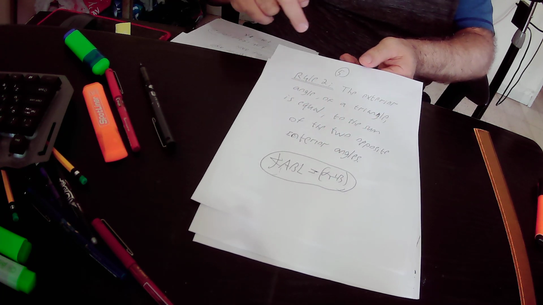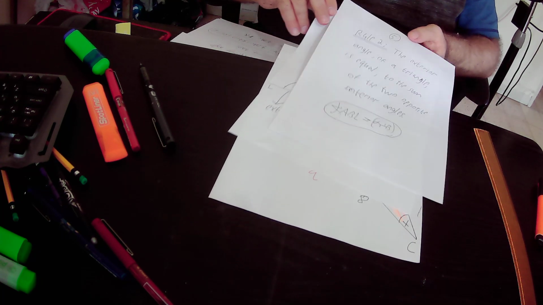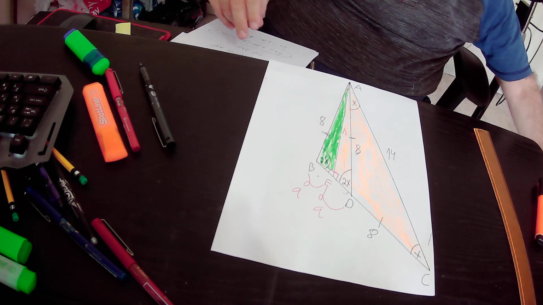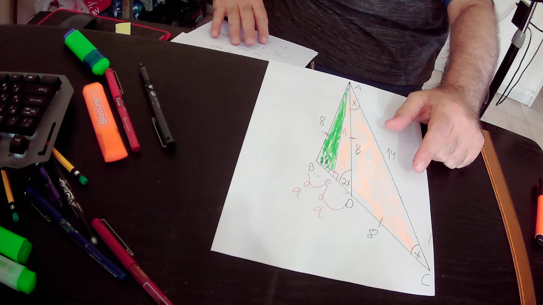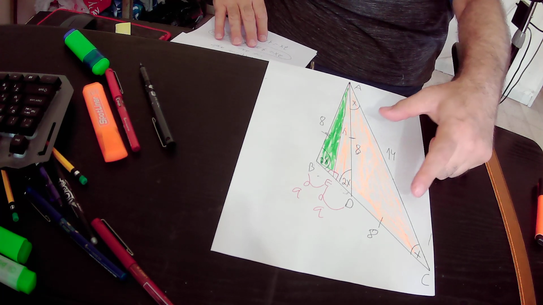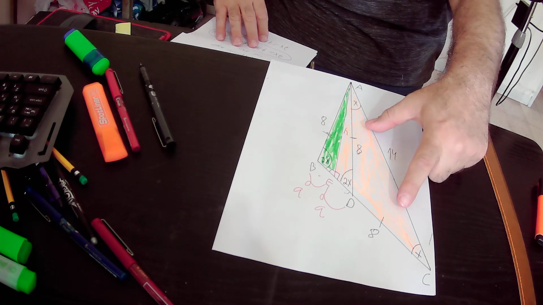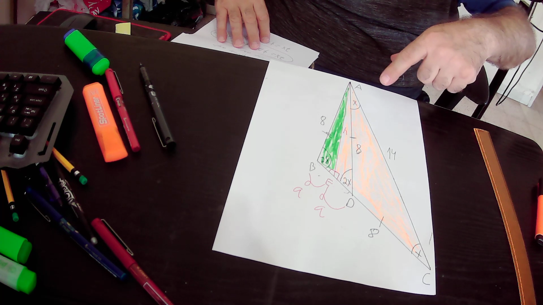Okay, angle ABL equals alpha plus beta according to rule number 2, and we can again implement rule number 2 in our drawing. We have triangle ADC. Triangle ADC has two opposite interior angles.